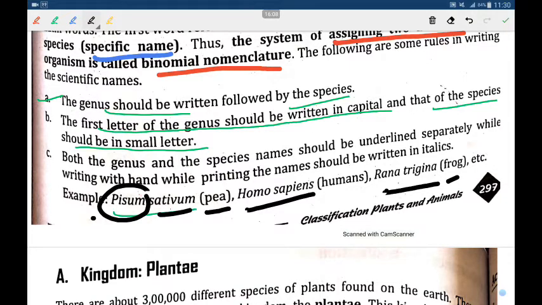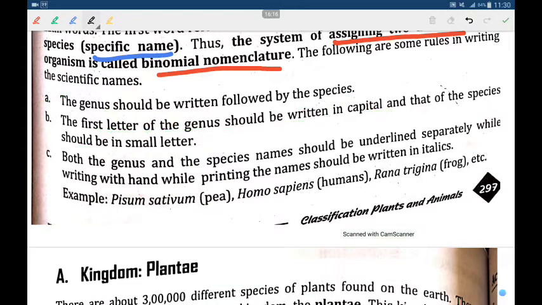Either they are underlined separately like this, Homo sapiens, isn't it? Either underlined like this or written in italics, a bit slanted, okay? That is the scientific name.